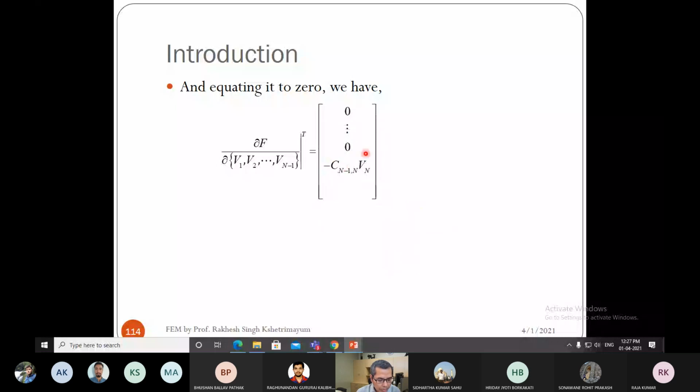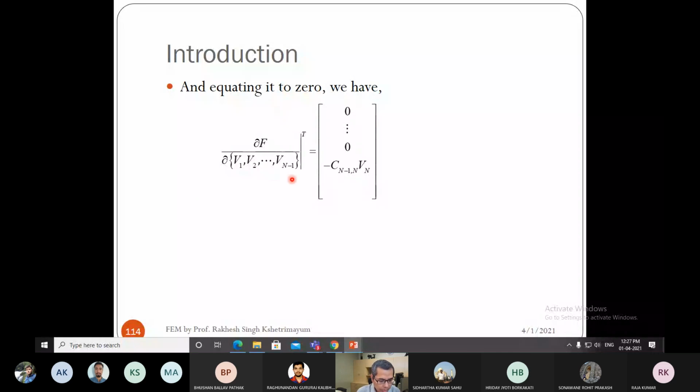This last term will not be 0, but minus Cn n minus 1 and Bn. All other terms would be 0, because Bn is prescribed and we know it. So from here you can solve all the values of B1, B2 up to Bn minus 1. That's how you do it.